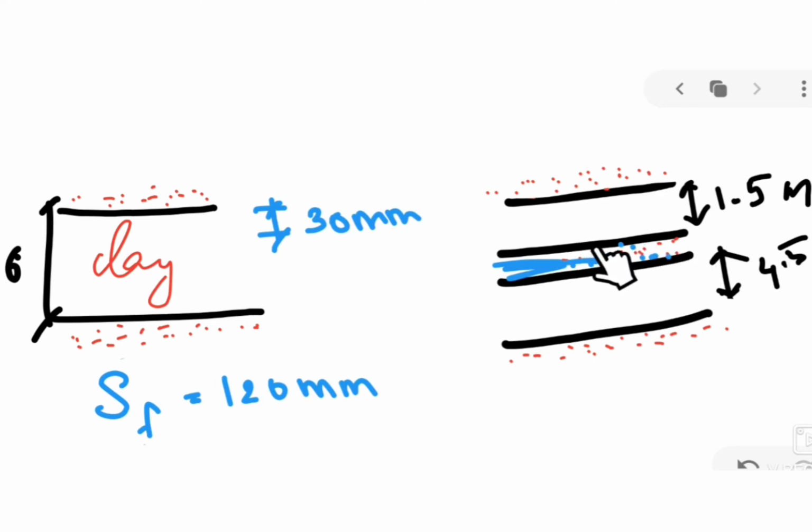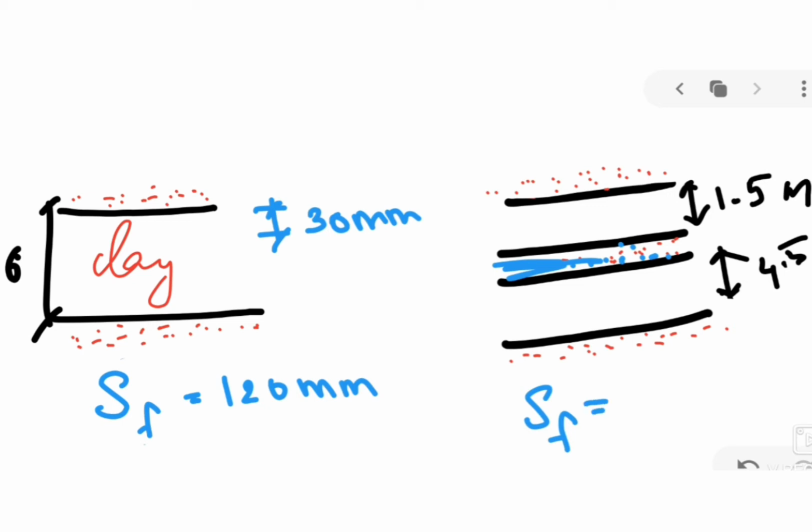So they have introduced this sand path, and they are asking what will be the final settlement if I introduce this new sand layer.